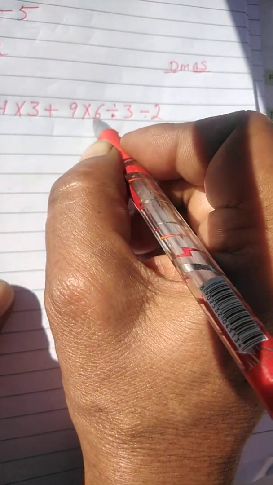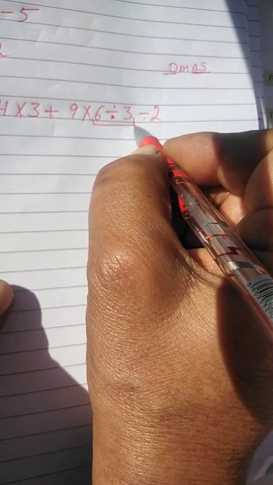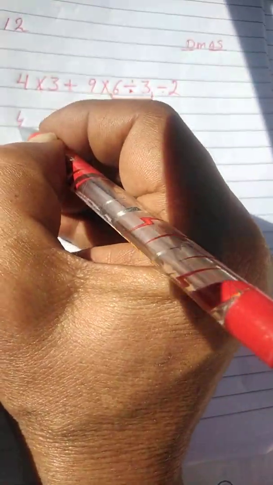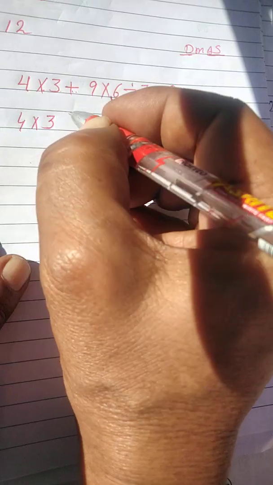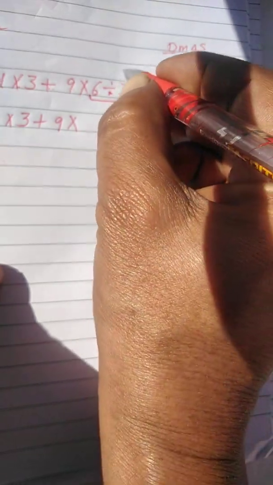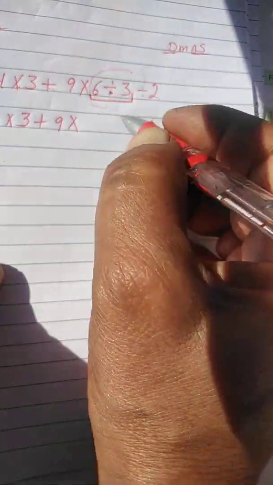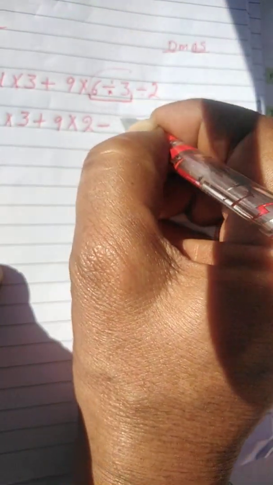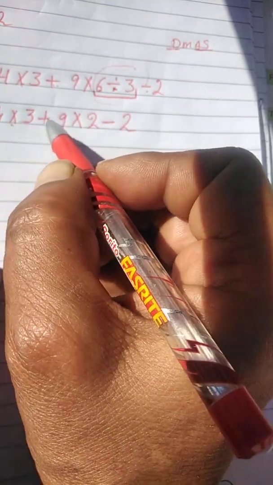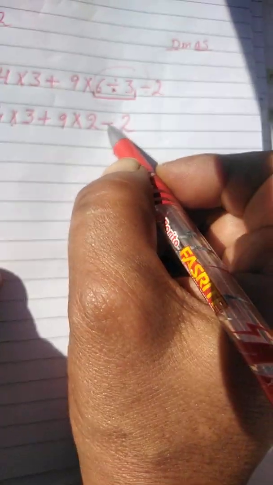Now read it, 6 divided by 3, okay? The rest of the things you will write as it is. 4 multiplied by 3, then plus, then we have 9, then multiply. After that, 6 divided by 3, you will get 2, then minus 2. Now in this expression we have multiplication, plus, multiply and minus.